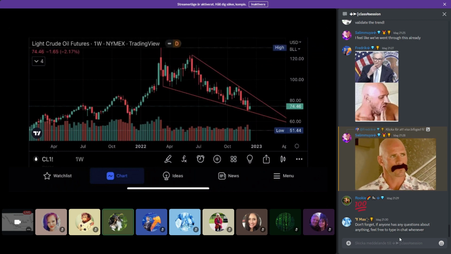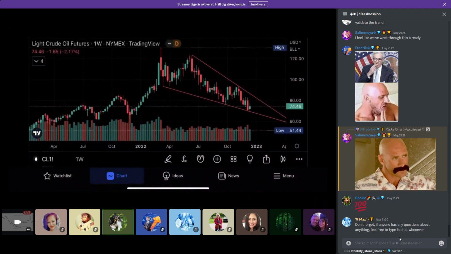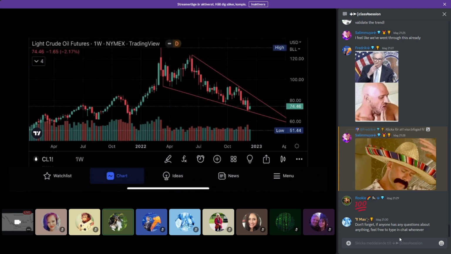The other day we discussed a head and shoulders on SPY, I think it was, and then we saw it starting to play out. So there are no stupid charts, so to speak. Feel free to just post your charts, and we can look at it together.